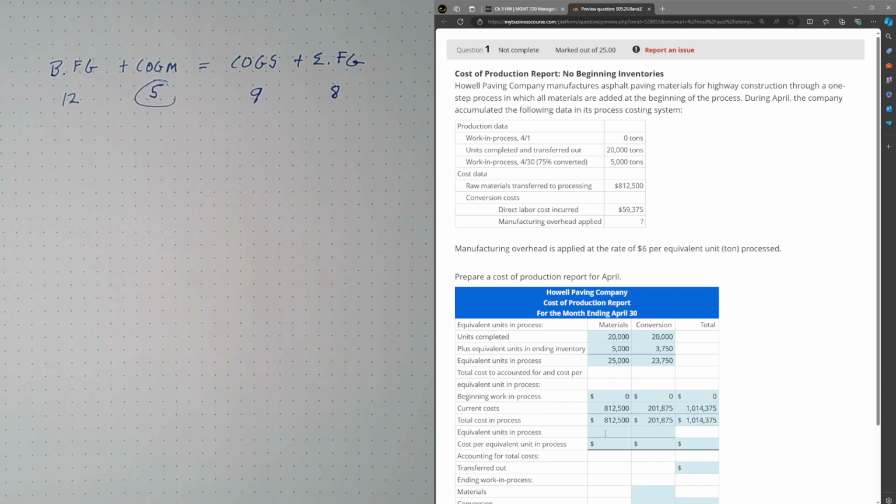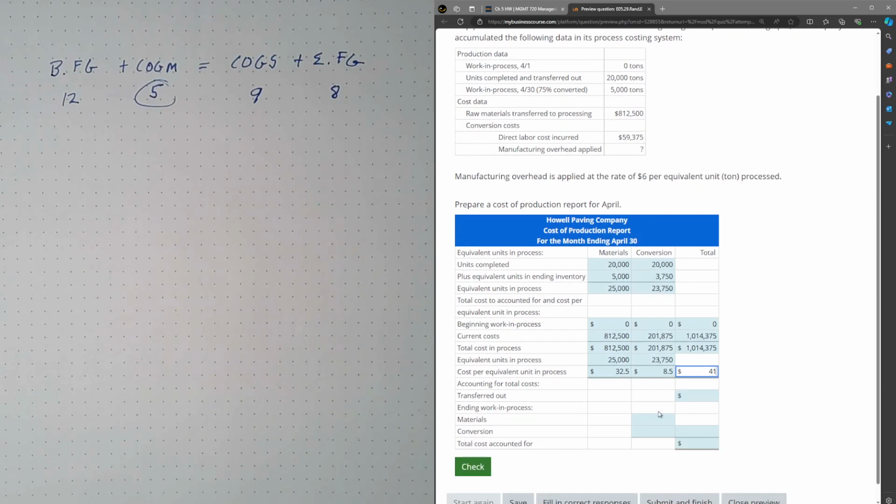Now, equivalent units in process. So 25,000 and 23,750. So we're dividing the dollars by equivalent units to get the cost per unit. So 812,500 divided by 25,000 equals 32.5. And this one is 201,875 divided by 23,750 equals 8.5. So therefore, it's a total of $41 for the total cost.